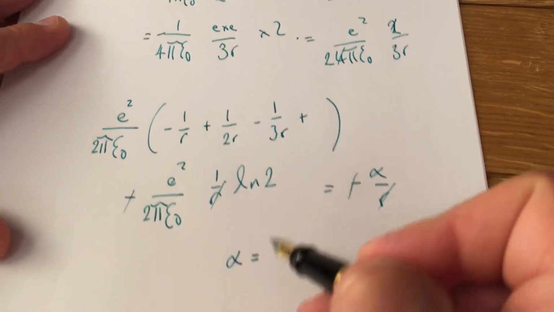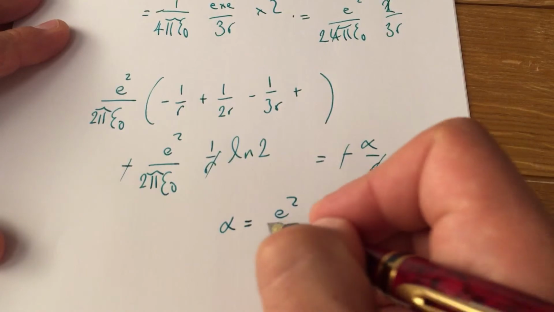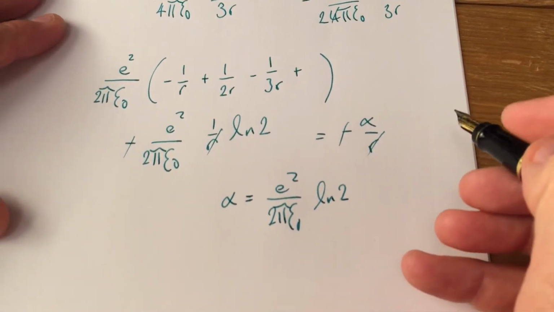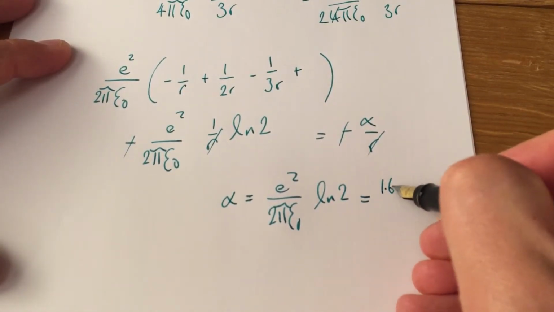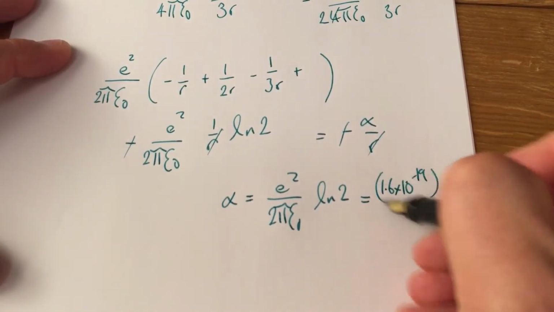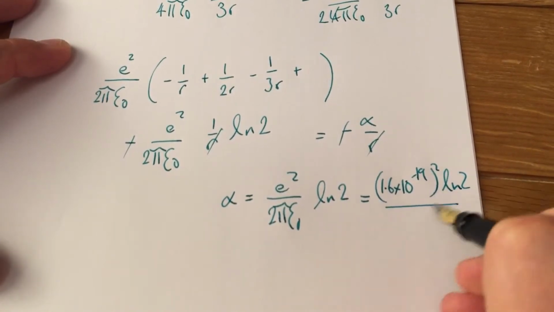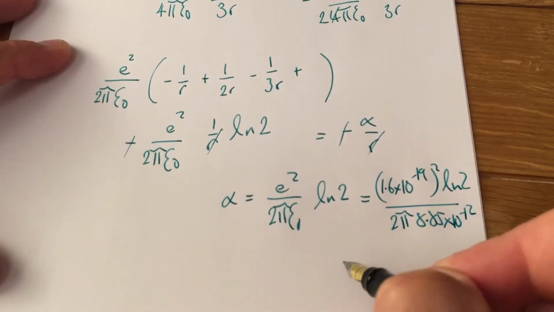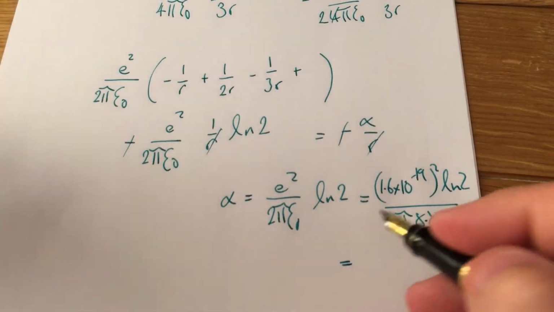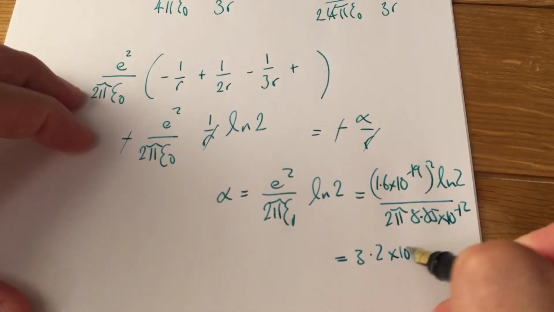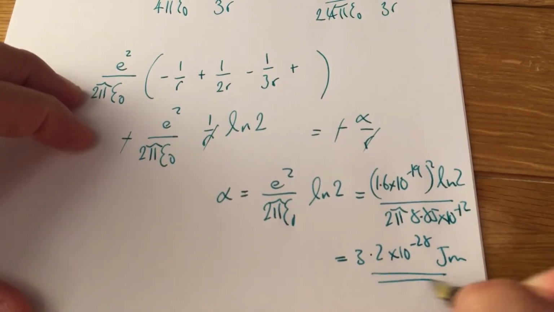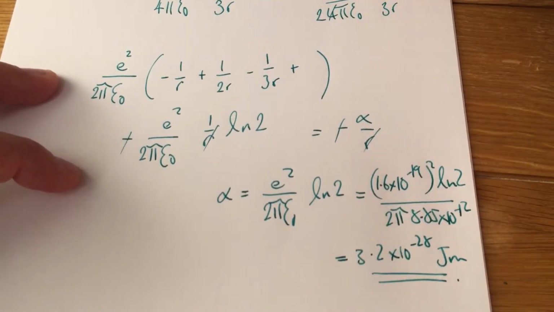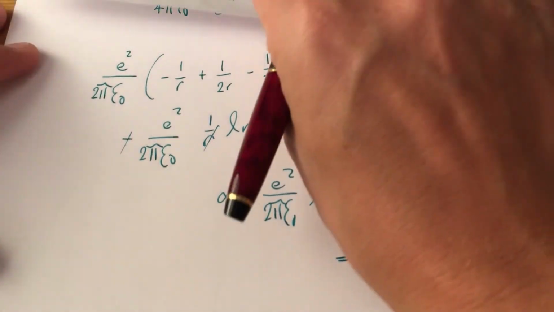So actually alpha is equal to e squared over 2 pi e0 times ln2, which is in effect 1.6 times 10 to the minus 19 squared times ln2 divided by 2 pi times 8.85 times 10 to the minus 12, giving us a grand total of 3.2 times 10 to the minus 28 joule meters. Ooh, so a lot of maths, a lot of identities to just steer through and try and deal with.